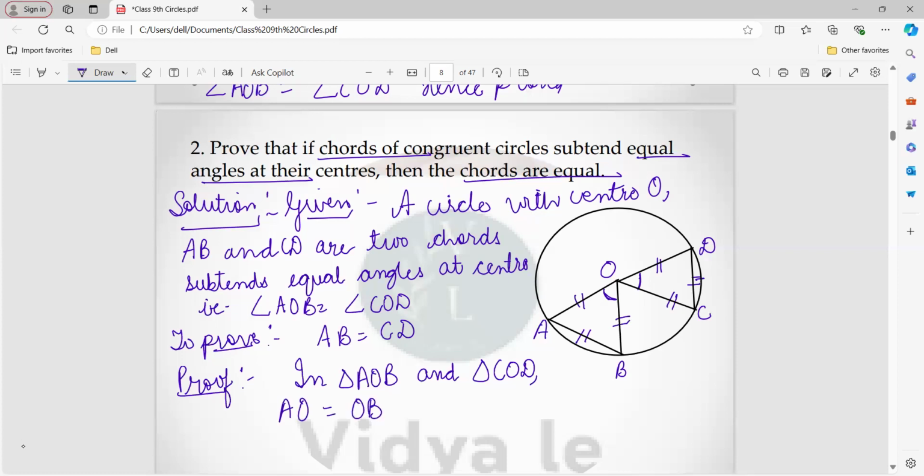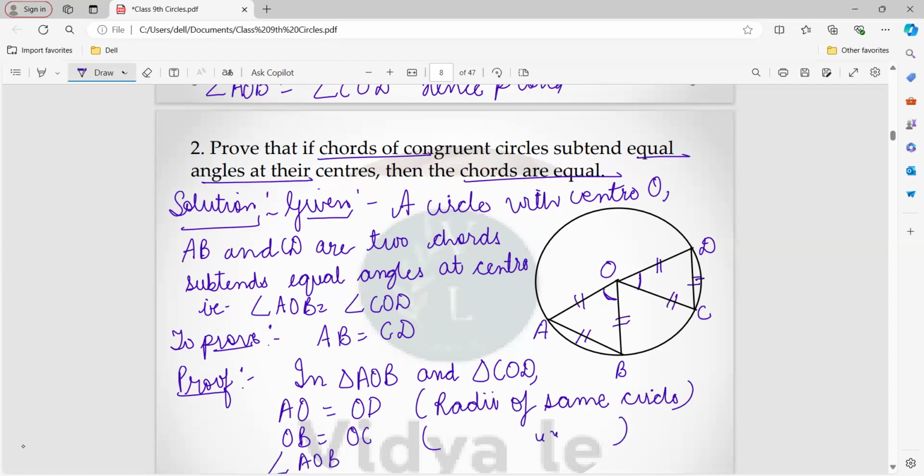AO is equal to OD, radii of the circles. Next we have OB is equal to OC, again for the same reason. And the third, we are given that angle AOB is equal to angle COD.